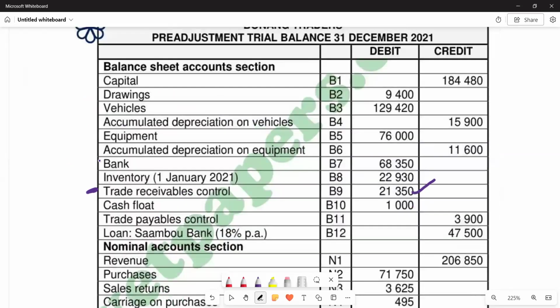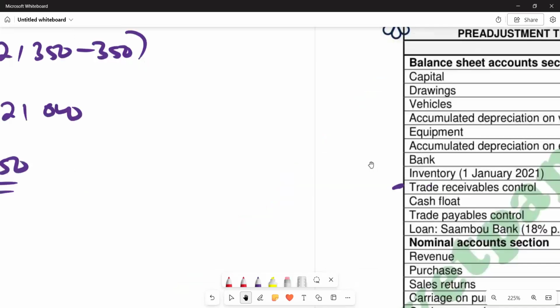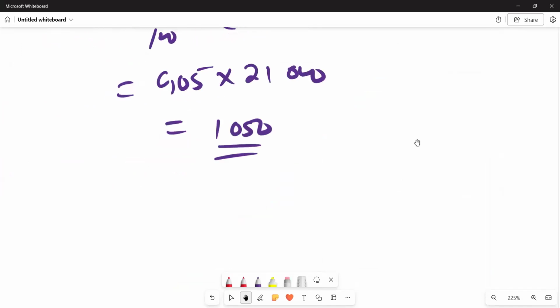If you go there, you'd see that we don't have anything to do with provision, which means the provision for credit loss for the previous period was zero. So it's coming from 0 and going to 1,050, and we are going to have such a movement here.